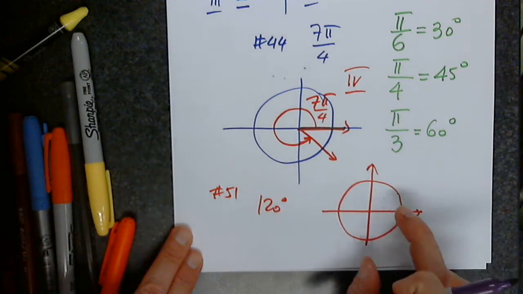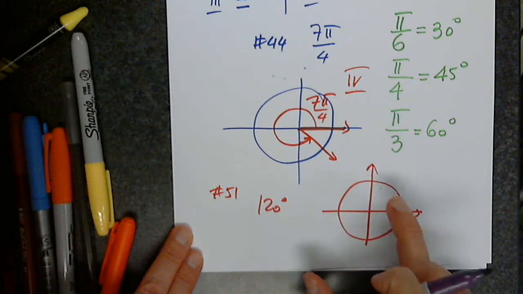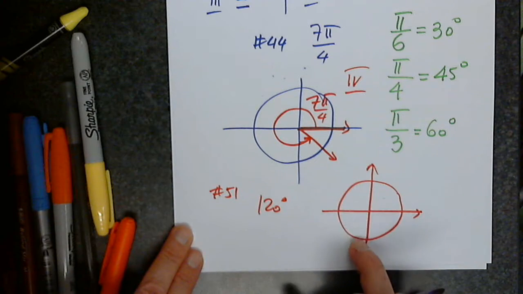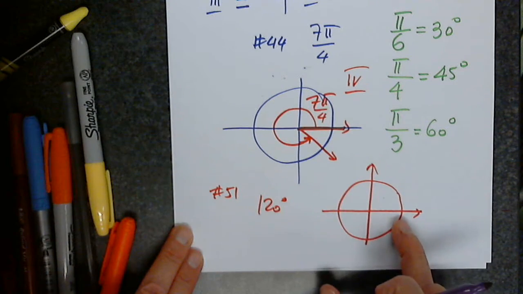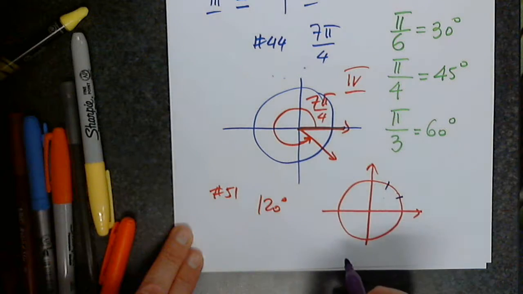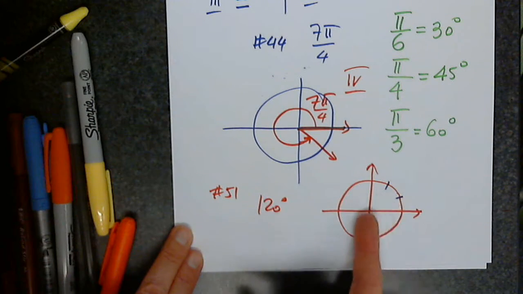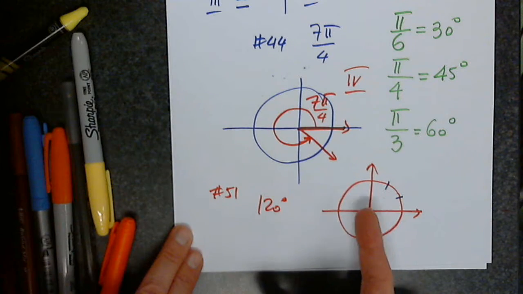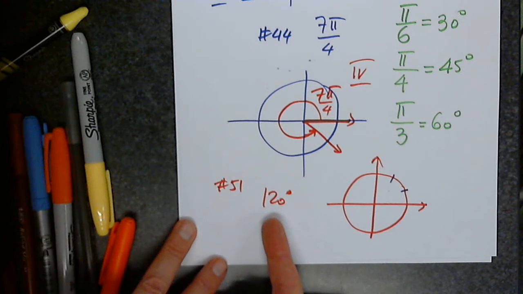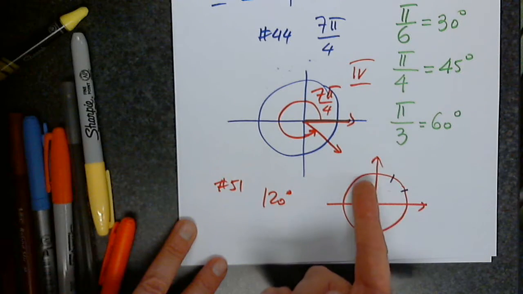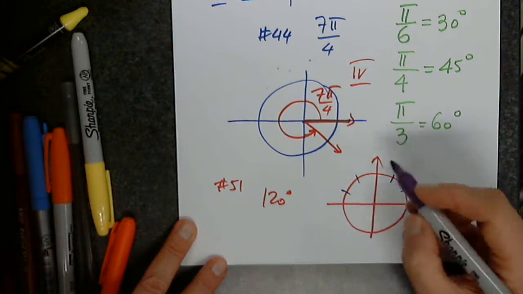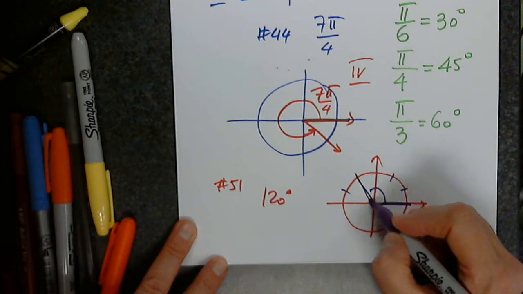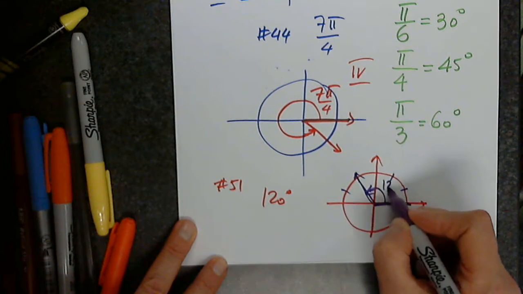How many 30-degree angles are in each quadrant? 1, 2, 3. 30, 30, 30 is 90. So if I want pi over 6, it is this. If I want 2 pi over 6, which is pi over 3, it is this. But now I want 120, so I want 1, 2, 3, 4. That's where I want to stop. So this is the initial side, this is the terminal side, and this is 120 degrees.